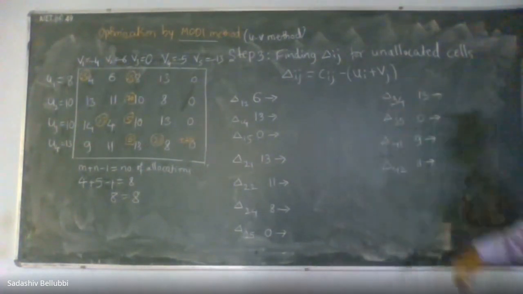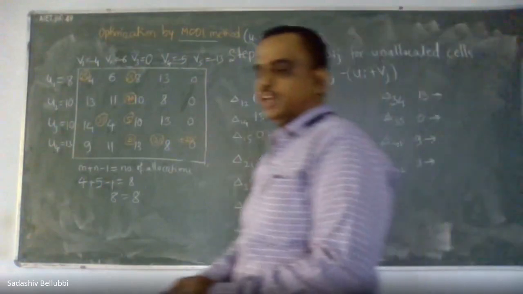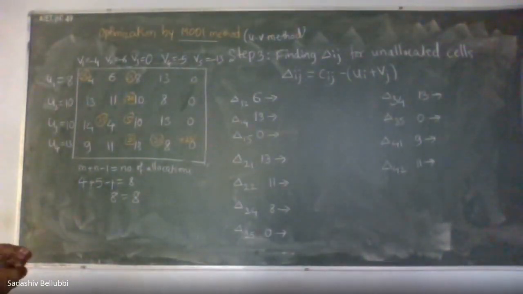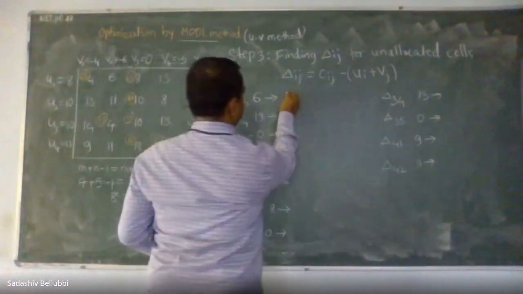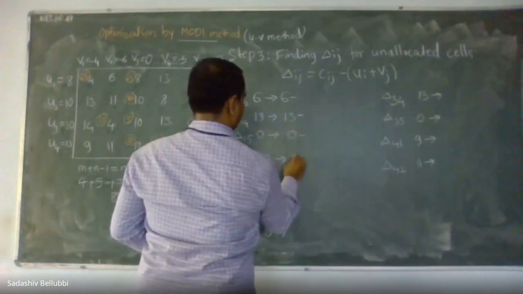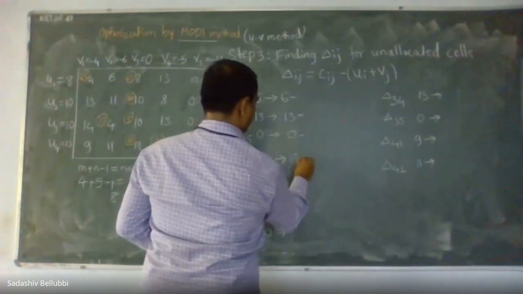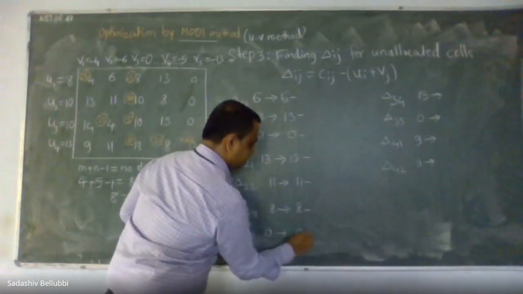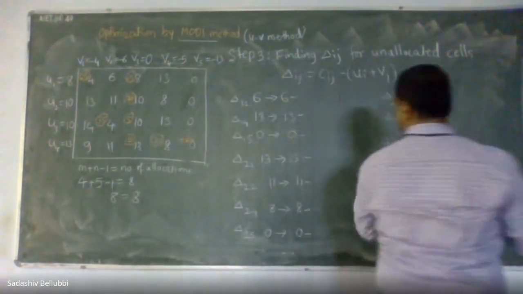Only this many. For this, we need to find that equation. Just apply the equation, Cij minus (ui plus vj).